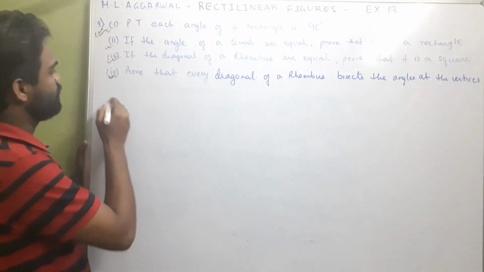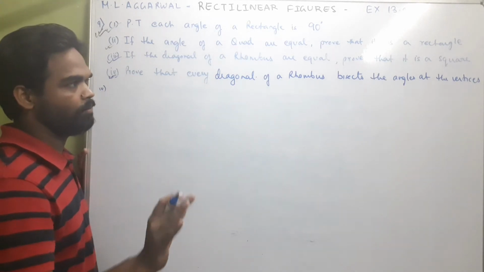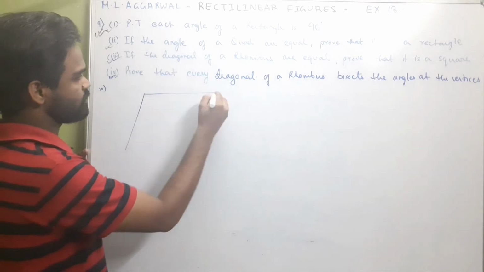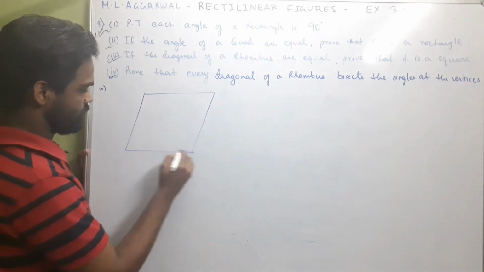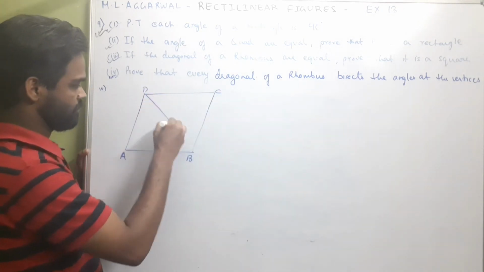Now let us see 9 part 4. They have told us to prove that every diagonal of the rhombus bisects the angle at the vertex. Suppose I take a rhombus ABCD.